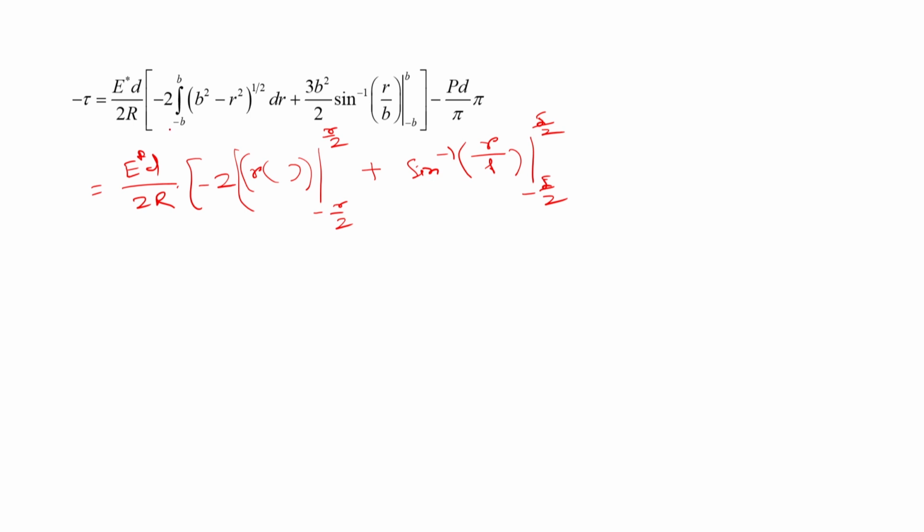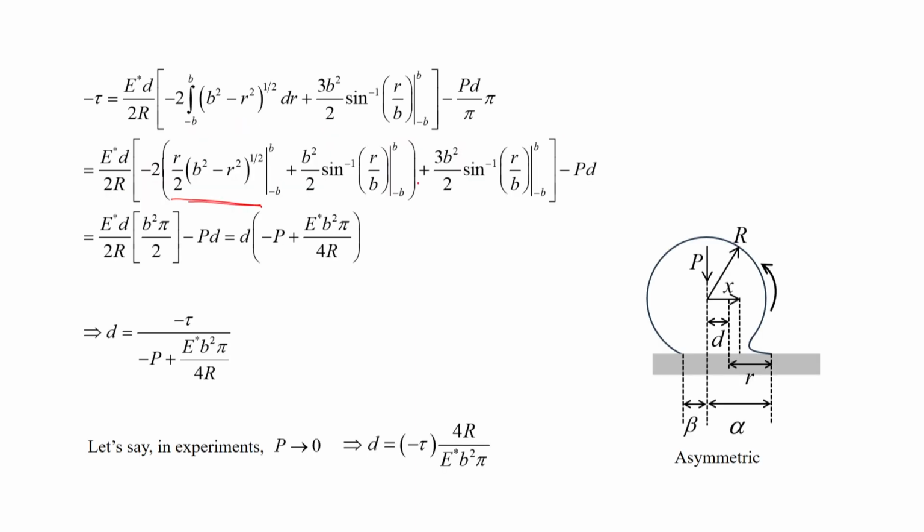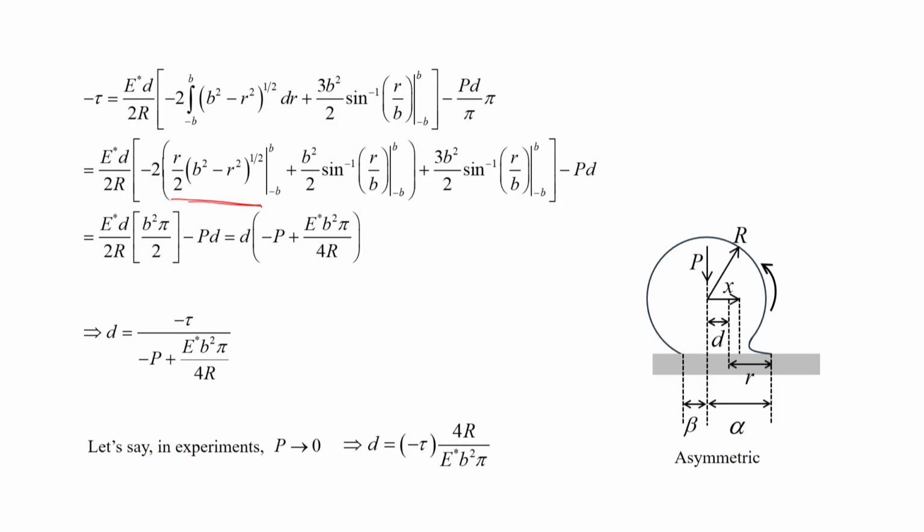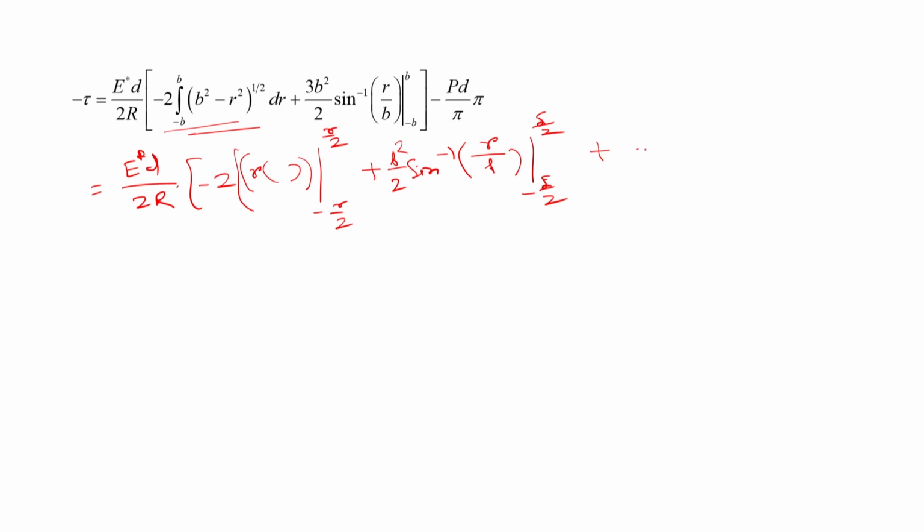So, from this I will get, I hope this is correct, b square by 2, and plus 3 b square by 2, and this is sine inverse. Sine inverse of 1 is pi by 2, and minus 1, so it is sine inverse 1, so pi by 2 minus minus pi by 2 is pi.